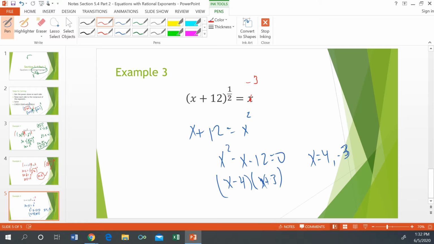So negative 3 is my extraneous solution. And how does 4 work? 4 plus 12 is 16. The square root of 16 is 4, and that equals 4, so 4 is my solution with negative 3 the extraneous.